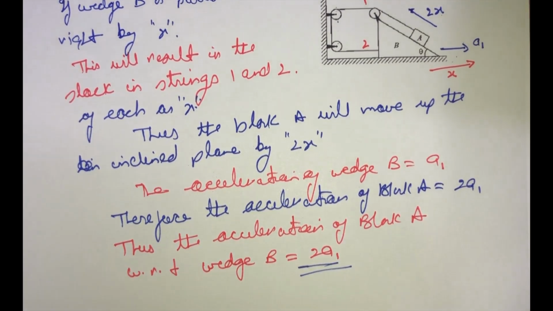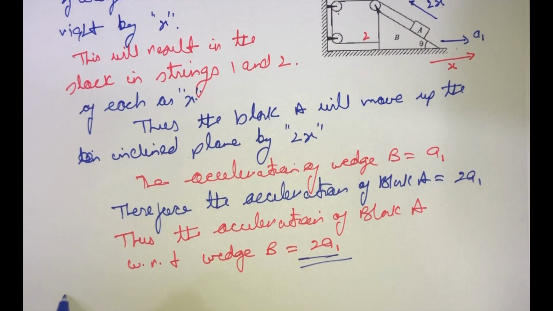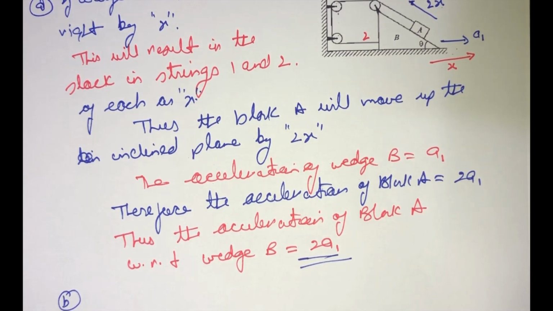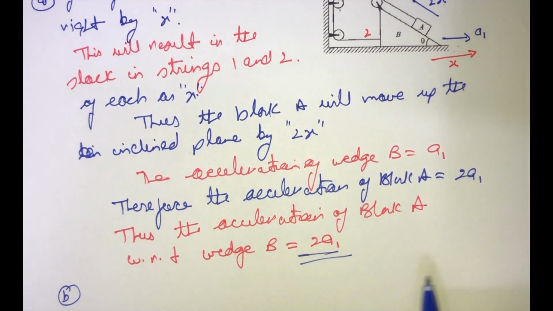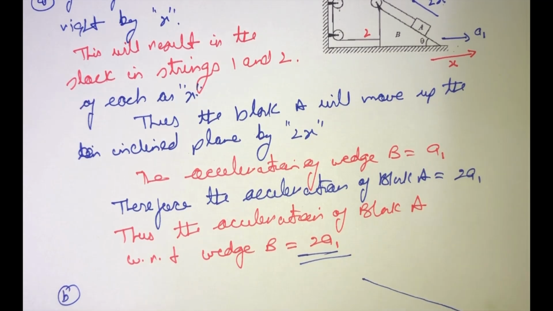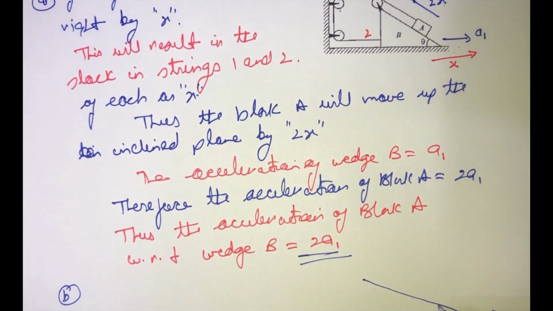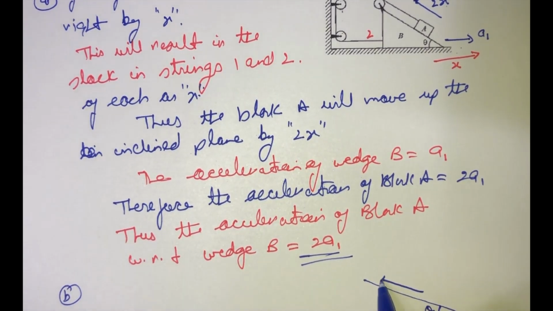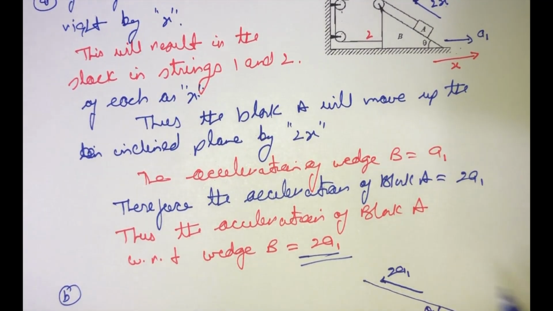So for part B, we can use the horizontal and vertical components. The wedge is moving with A1 in this direction, and block A is moving upward along the incline with acceleration 2A1.